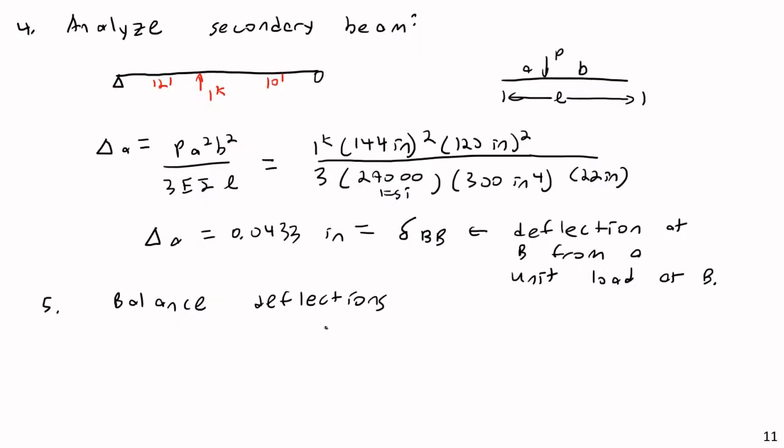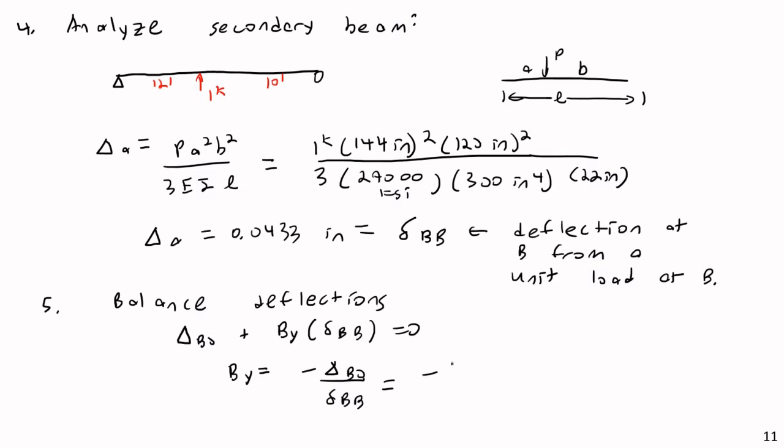Or I can just use the equation of balance I've seen before. Capital delta BO, plus BY, the actual reaction at B, times lowercase delta BB, the deflection from the unit load at B, is equal to 0, and BY is then equal to negative delta BO divided by lowercase delta BB.